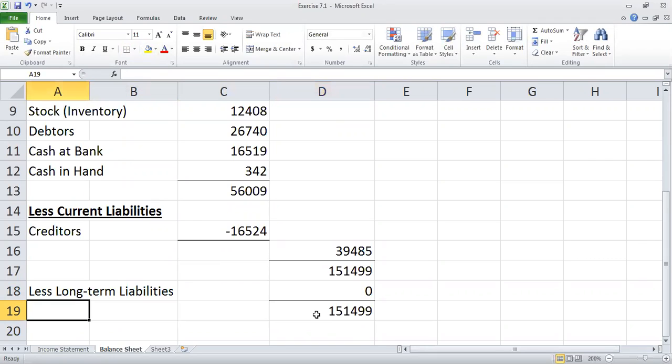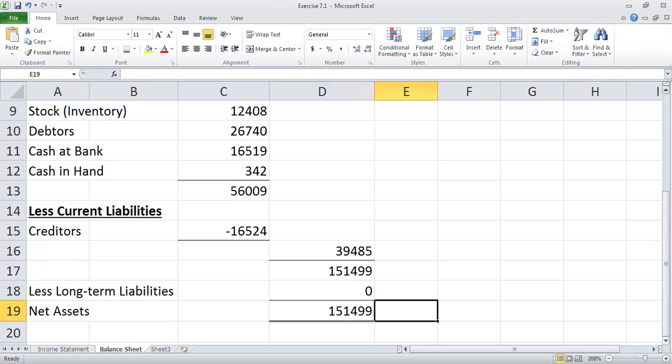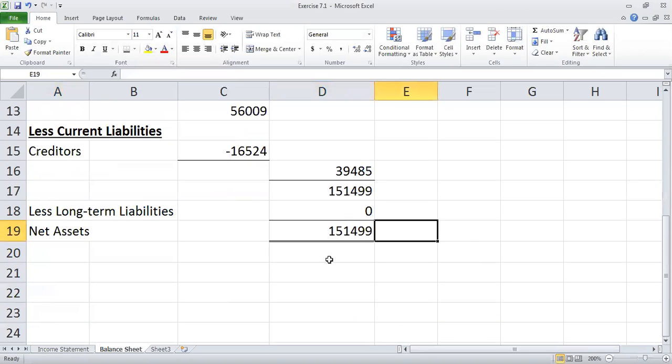So that will give you your net assets. The double line right there as well. So whatever you have here should be down in the bottom section as well.